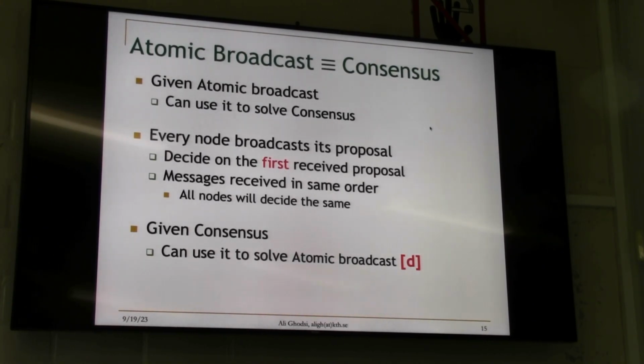If I have the token, I broadcast, and then the next person has the token and they broadcast. So I have two nodes now. One is broadcasting with the token, and then it gives the token to another node, and then the second one broadcasts. How does the third node know that it should first take the one from the first and then the one from the second? It receives two messages. How does it know which one is first?